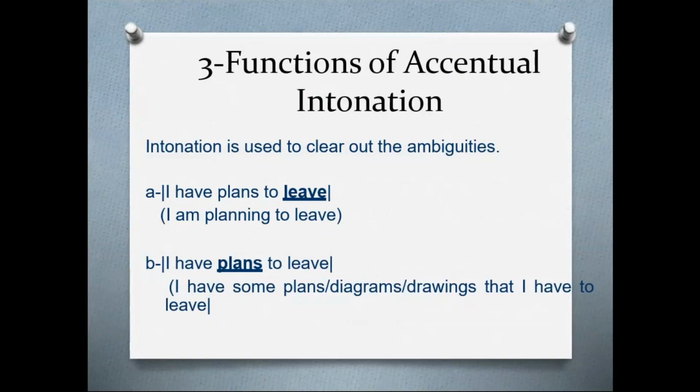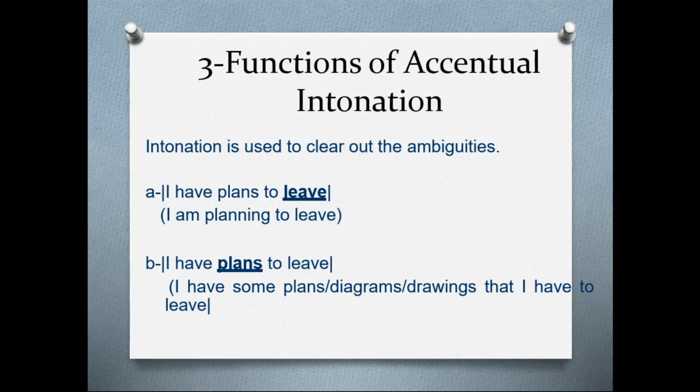The third function of accentual intonation is to clarify ambiguities. In written version, of course, it is very difficult to understand this, but while using intonation, you can clarify ambiguous statements. For example, I have plans to leave. In written form, this sentence can have two different meanings.